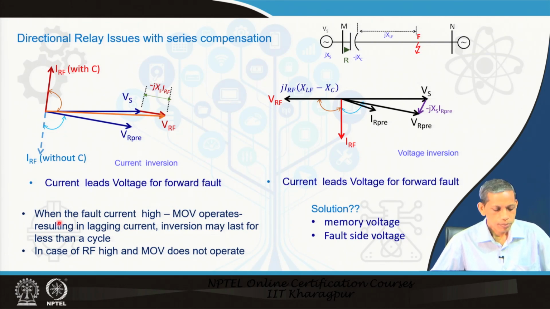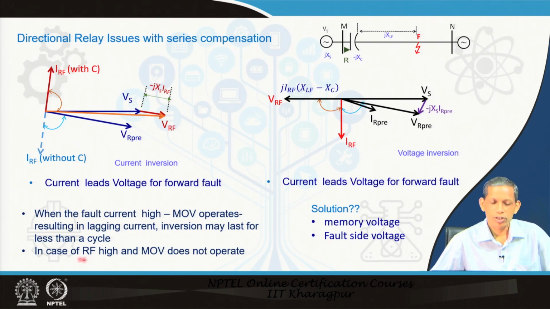There are other points to be noted. When the fault current is high, the MOV operates, resulting in lagging current, meaning the capacitor is bypassed. So, this inversion process may last for a few milliseconds to within a cycle in the system.